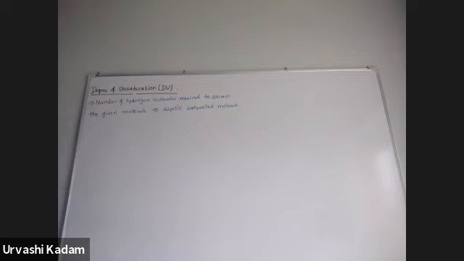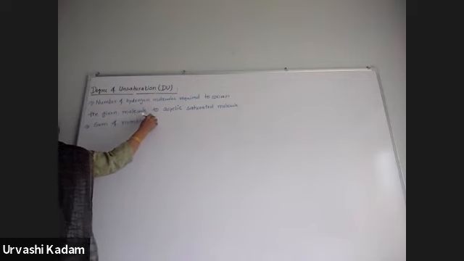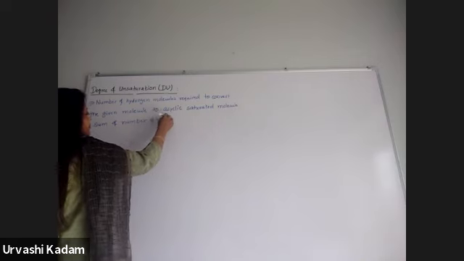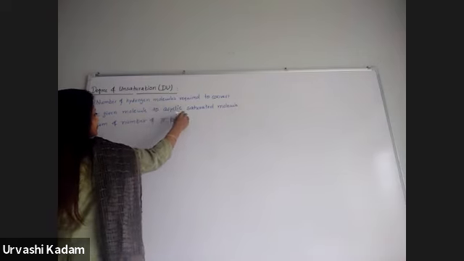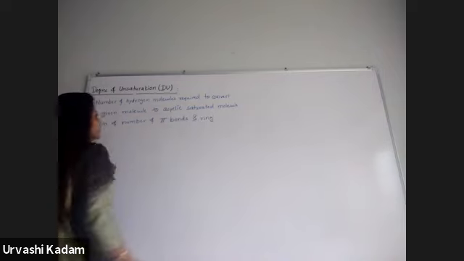Yeah, we can say degree of unsaturation is the sum of number of pi bonds and rings. दूसरा definition हो सकता है, this is nothing but the sum of number of pi bonds and rings present in the given compound.